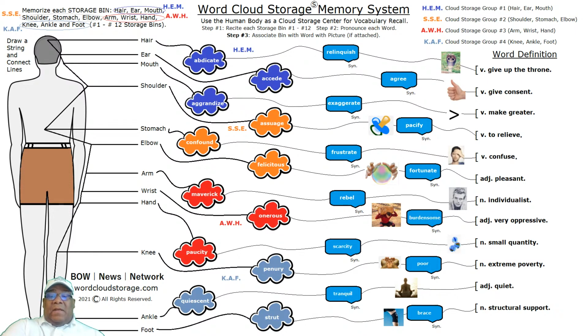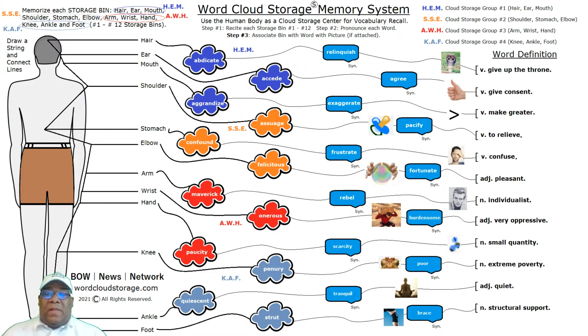So we have knee, penury. On your knee triggers the memory of on your knee with your hands out, hands folded, and that had to do with extreme poverty. Quiescence, we did know that sounds like quiet. Tranquil, meditation. Strut, foot, knee brace, and that had to do with structural support.